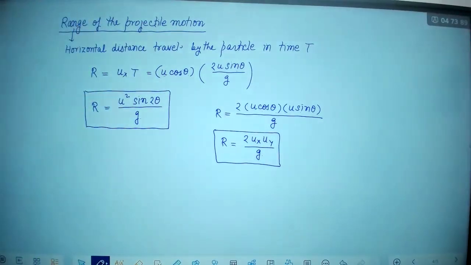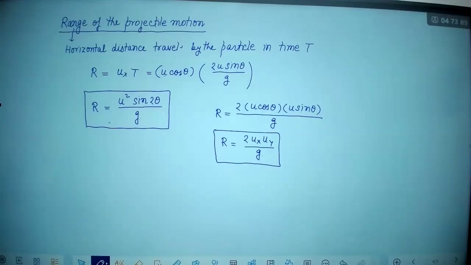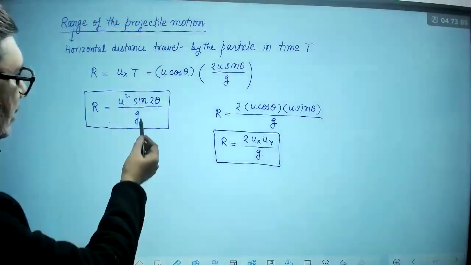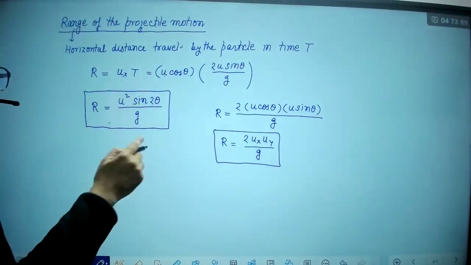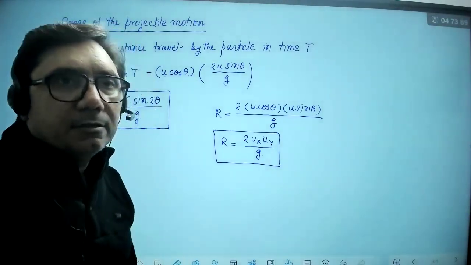Second, this is the range when you are launching the particle at theta. Now can you tell me what will be the range if the particle is launched at 90 minus theta angle? So here the projection angle is theta. Then the range is this one, when you are launching the projectile at an angle theta with the horizontal.